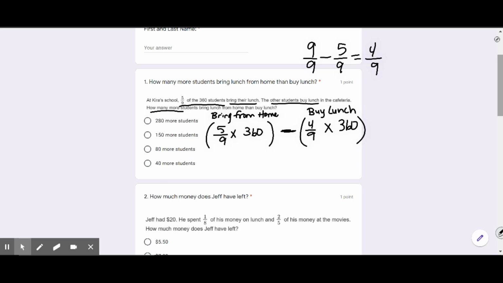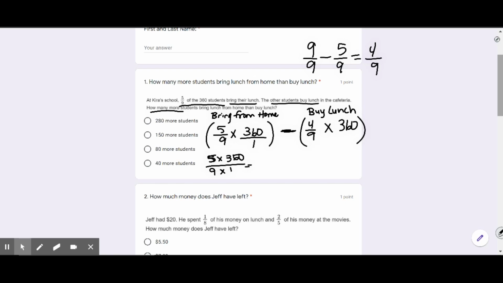Remember, when we have whole numbers, we make it a fraction, put a 1 underneath it, and multiply across. So 5 times 360 over 9 times 1.